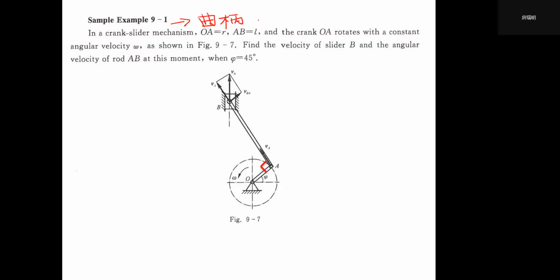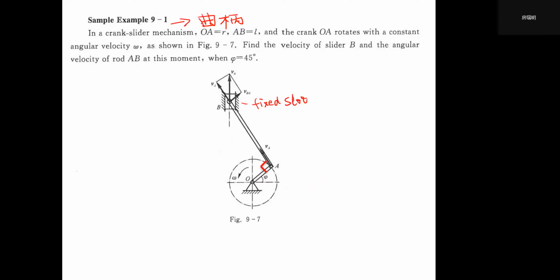If it can only oscillate within some fixed angle, we do not call that a crank, right? A slider means a box. It can move along some trajectory like this. So we once again have a fixed slot, 固定槽. It will guide or constrain this slider so it can only move up and down along this vertical line, right?